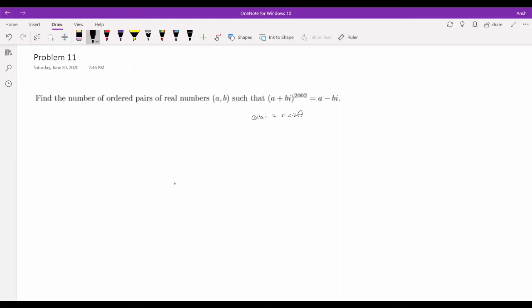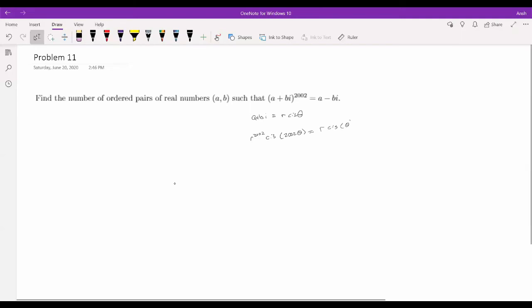So if we look at a plus bi to the 2002 equals a minus bi, we can rewrite this equation in our cis form, which would give us r times cis theta to the 2002, which we know equals r to the 2002 times cis of 2002 theta. And you can already see how much easier cis theta makes taking powers.